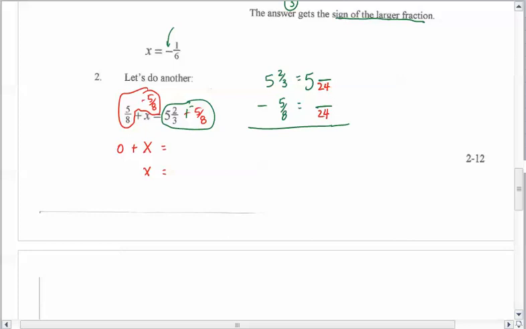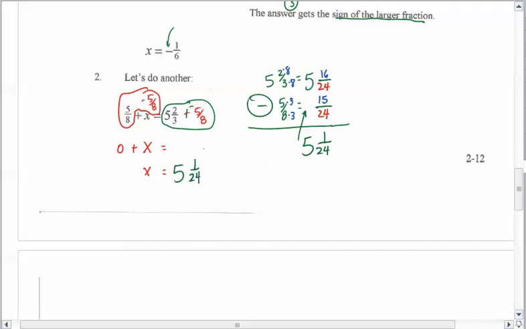Okay, so here we go. 8 was multiplied by 3, so that's 15. 3 was multiplied by 8, so 2 times 8 is 16. All right, so I have 16 24ths, take away 15 24ths is 1 24th. I have 5 take away nothing is 5. So I have 5 and 1 24th.